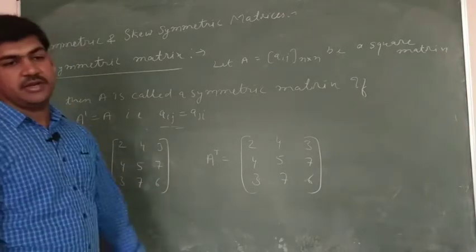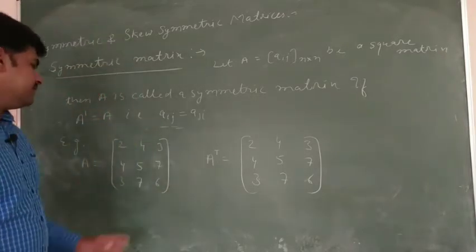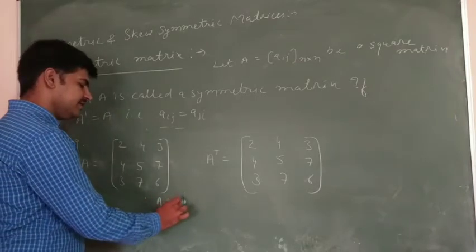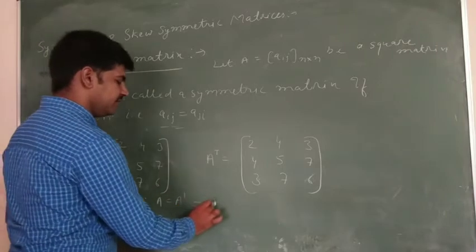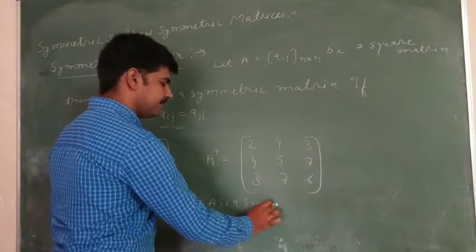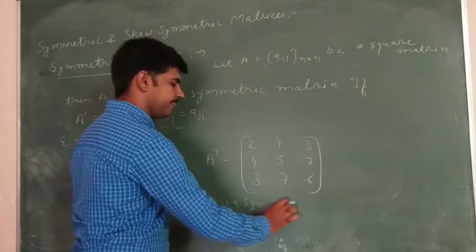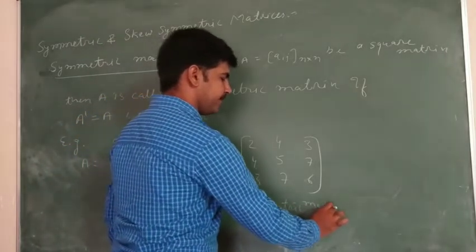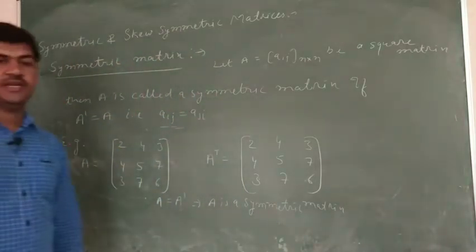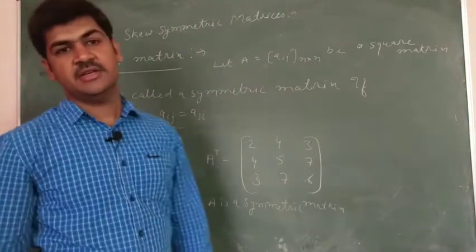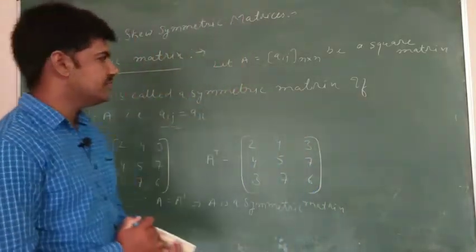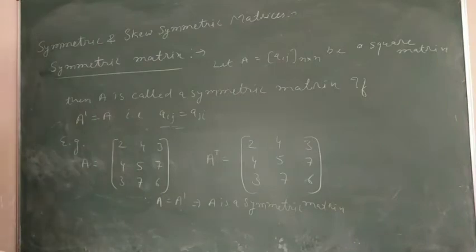Since A is equal to A dash, therefore A is a symmetric matrix. I think you have understood the definition of a symmetric matrix. A matrix A is called symmetric matrix if it is equal to its transpose.